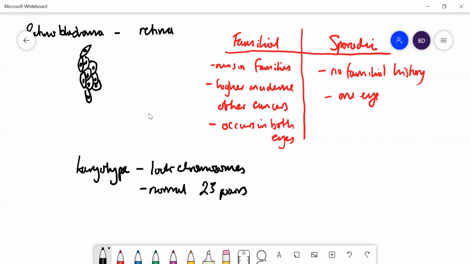And it was found, if you look at the karyotype of the dividing cells in retinoblastoma, not always, but very often, there is a noticeable deletion in chromosome 13.